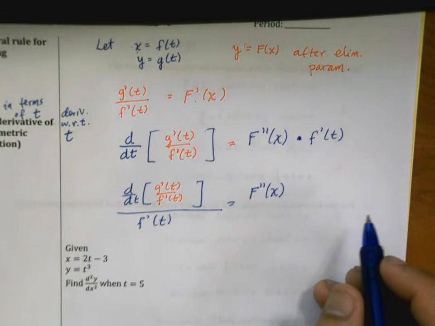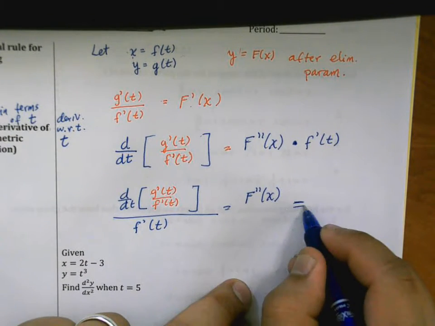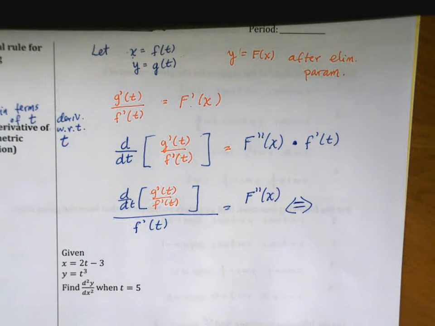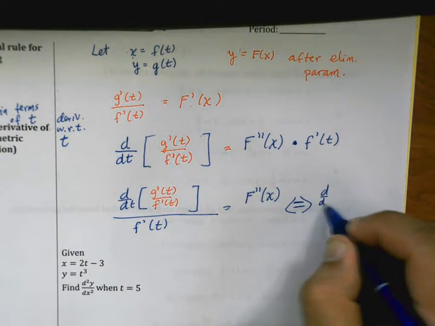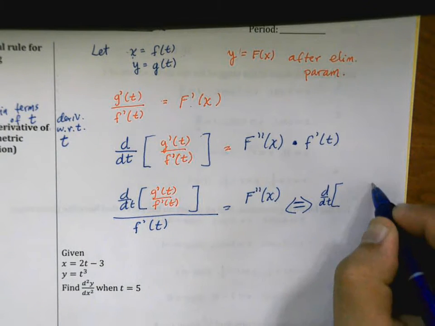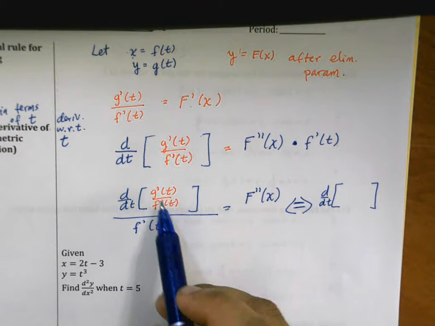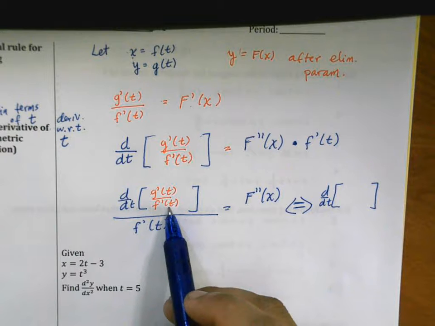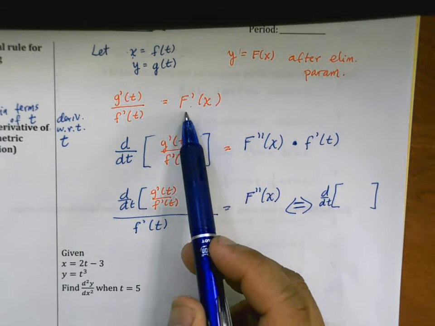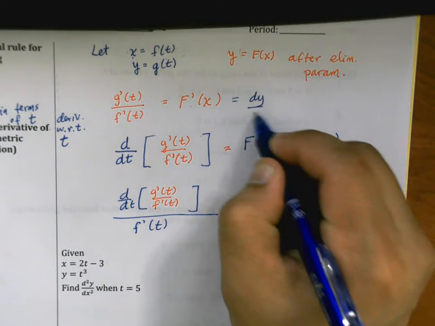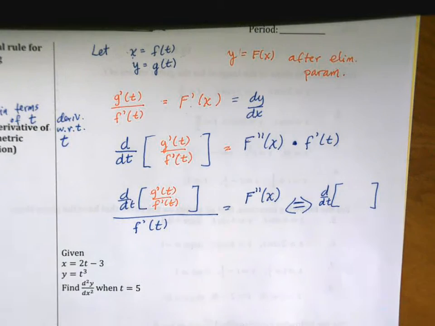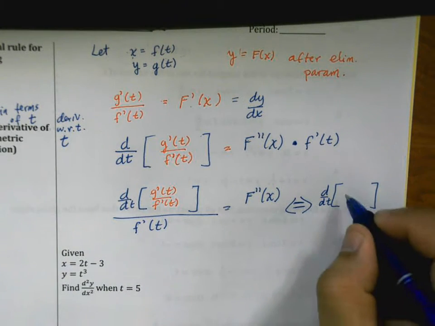And again, there's another way to write this that's a little bit more common to textbooks. So this is going to be d/dt of this part in here, g prime over f prime, which we already know is equal to the derivative with respect to x, which is also equal to dy/dx. And again, this is just notation. I'm writing the exact same thing in a slightly different way.